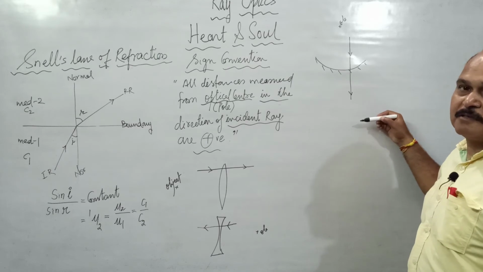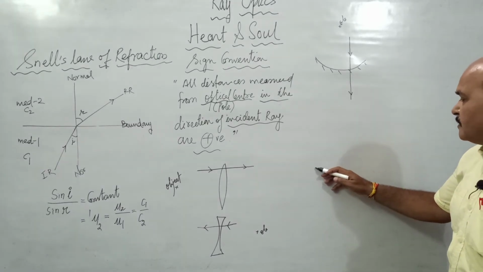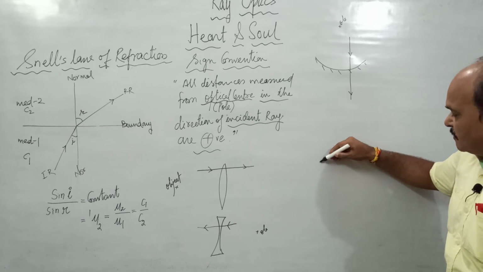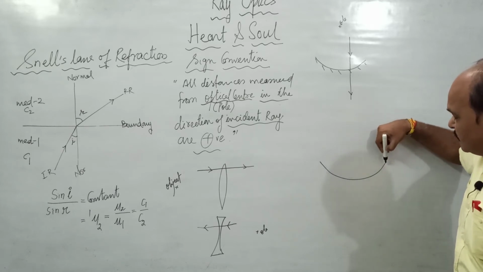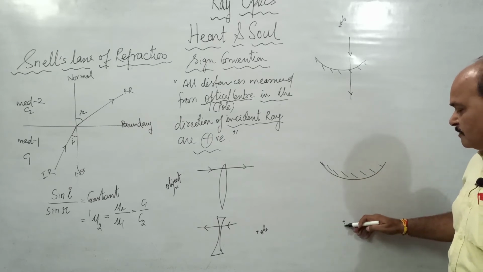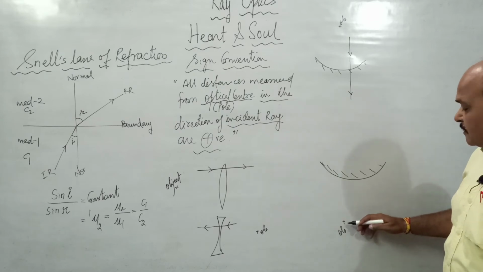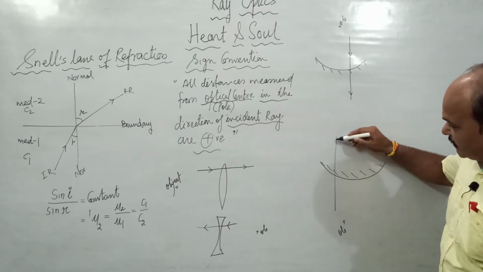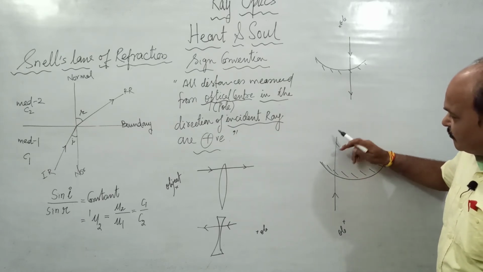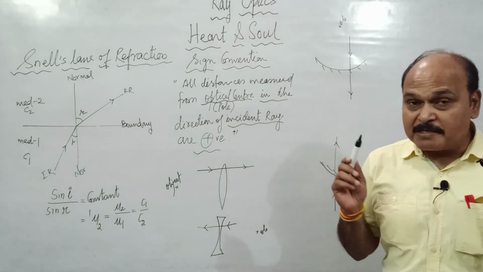And if we place an optical device like this, say, and the object is placed here, in this case the incident ray is going to be like this. So what is the direction of incident ray? It all depends upon where we have placed the object.